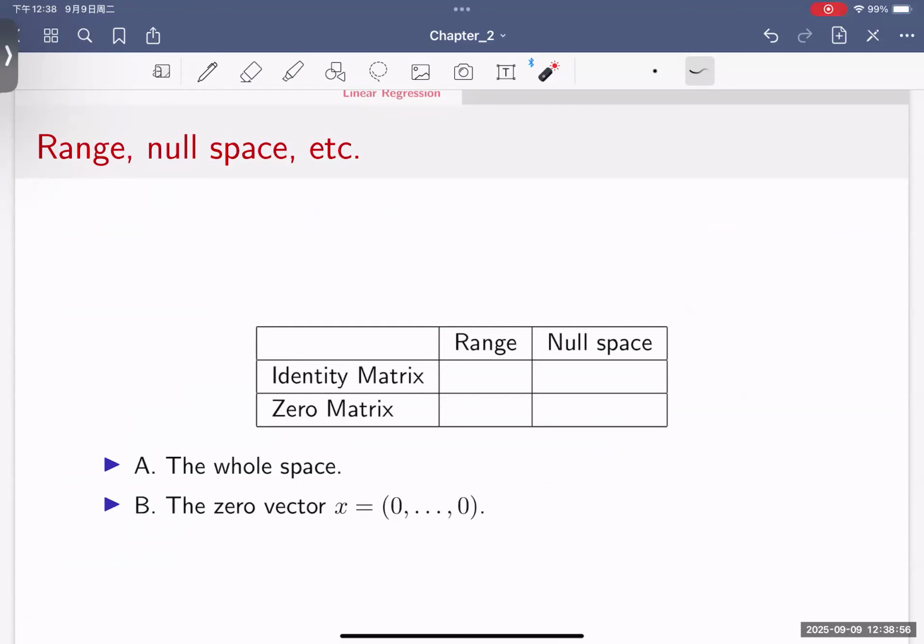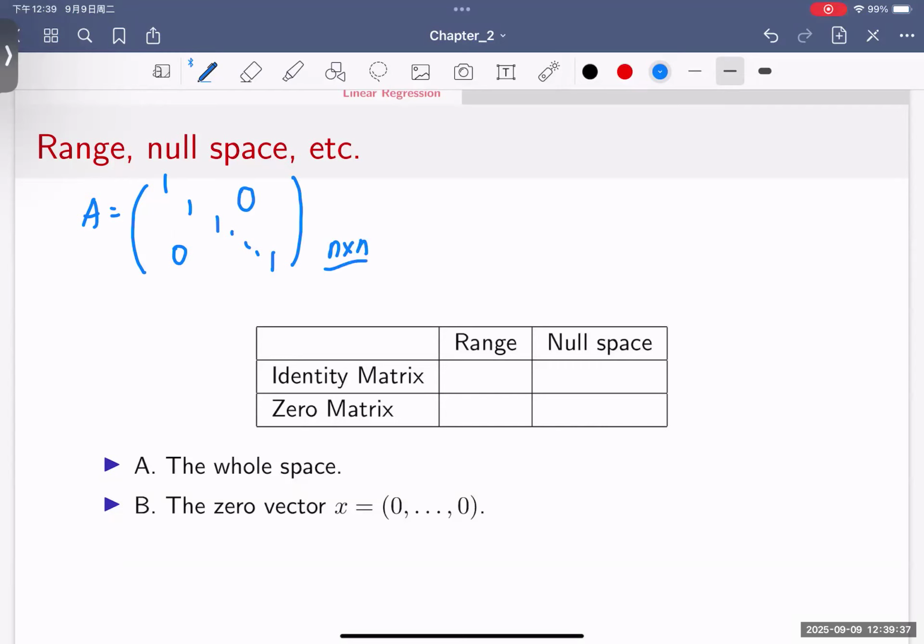Recall that the identity matrix is a diagonal matrix where every diagonal element is 1 and every off-diagonal element is 0. So we can write down this special type of A here: every diagonal element is 1 and off-diagonal elements are 0. Say it's an n times m matrix, for example.